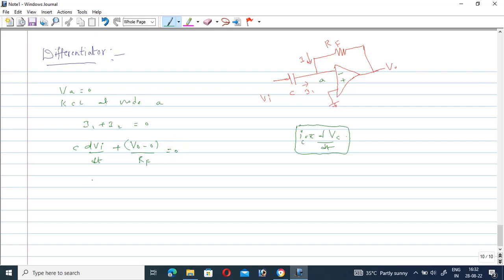So from this equation, I need only the output voltage: V naught by Rf is equal to minus C into dVi by dt.